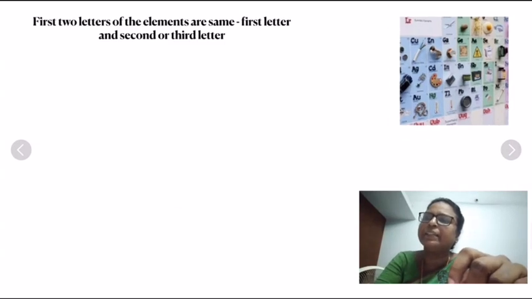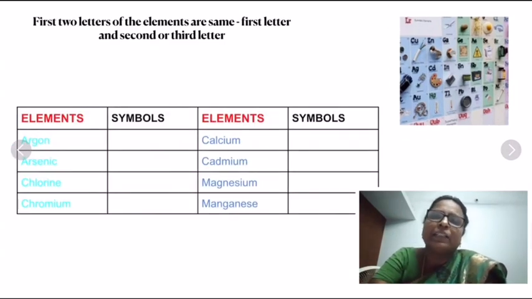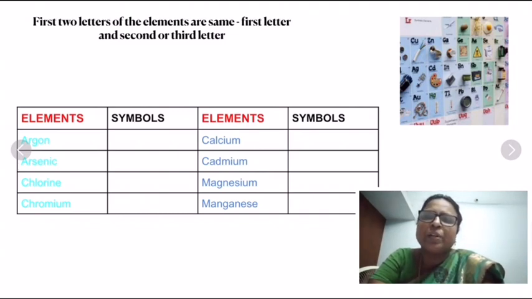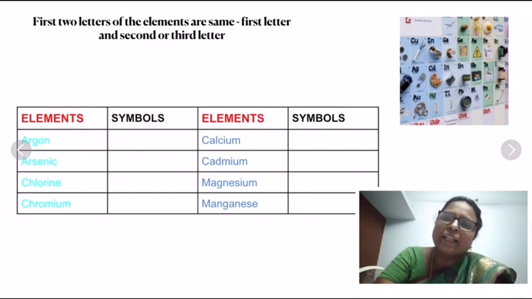You can see here argon and arsenic. The first two letters are the same for argon and arsenic, isn't it? So argon is A, R, but arsenic is the first letter A and the third letter, As.